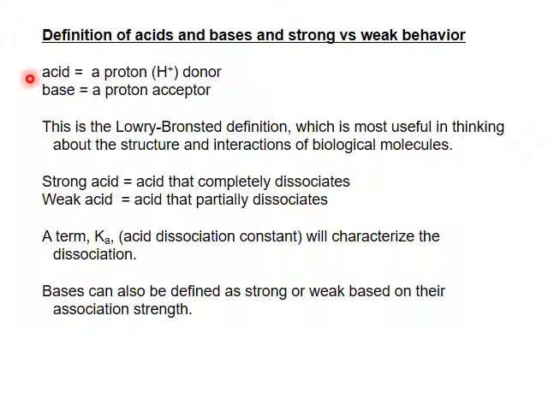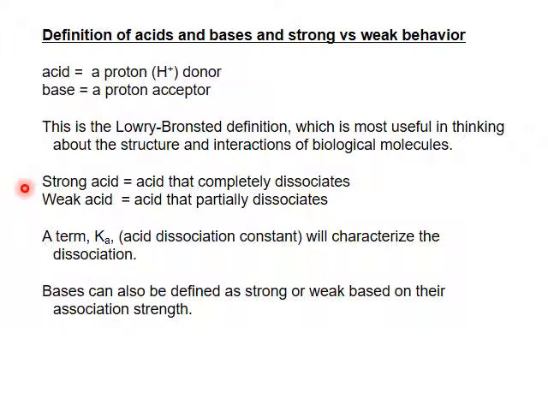So in this case, water could be considered an acid because it can give up a proton, and the hydroxide ion could accept a proton in the form of a water molecule, so it can be considered a base. This is the Lowry-Bronsted or Bronsted-Lowry definition, which is the most useful in thinking about the structure and interactions of biological molecules. So that's the definition I want you to know.